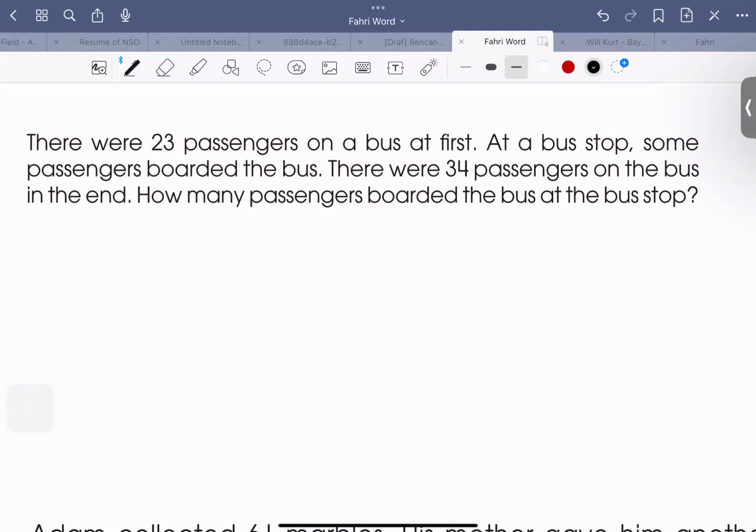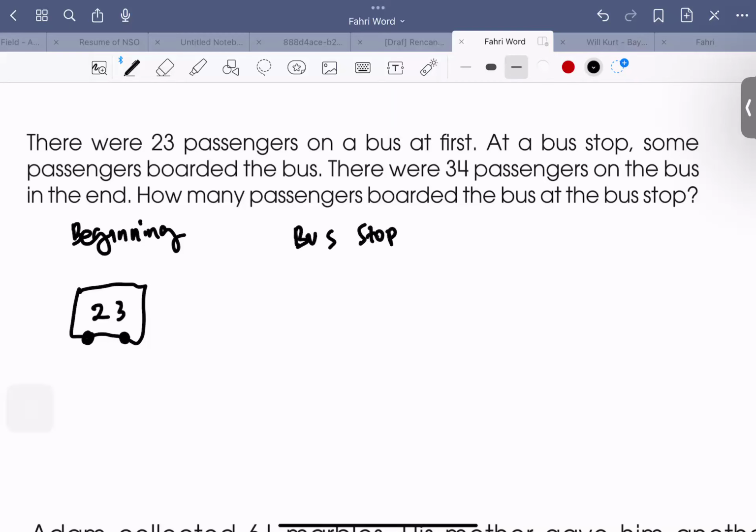In the beginning, we have 23 passengers on a bus. For example, this is the bus. And at the bus stop, there were a lot of passengers here, but we don't know the number.